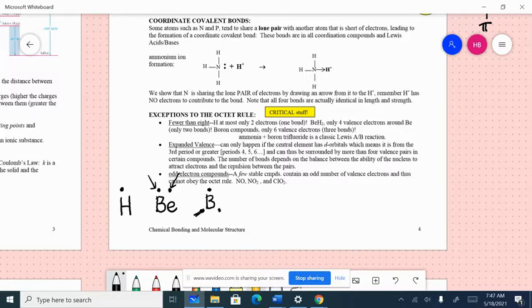He's going to have 3 shared pairs, and his 3 shared pairs are going to give him a trigonal planar shape. He has no lone pairs of electrons to warp the bonds, so he's always going to be trigonal planar, and he has symmetry. Therefore, he will form a lot of nonpolar compounds.